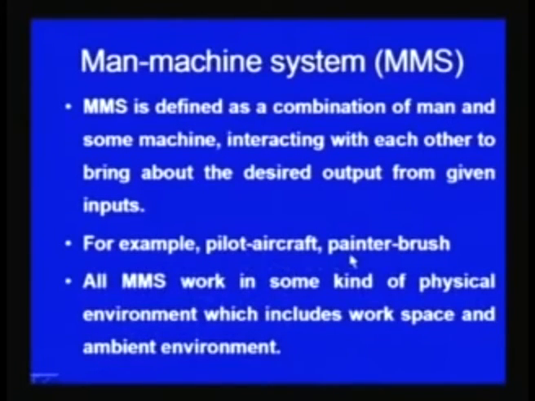So, here the painter is a man and the machine or mechanical system being used by him is the brush, and in the first case the pilot is a man and the aircraft is the machine which is being used by the pilot for getting the desired output.